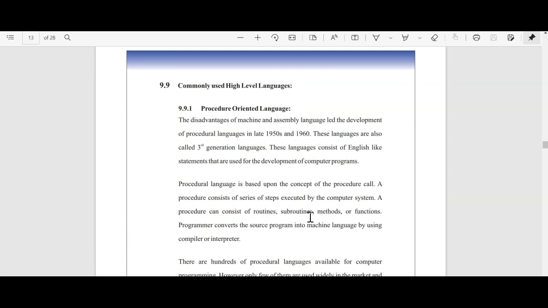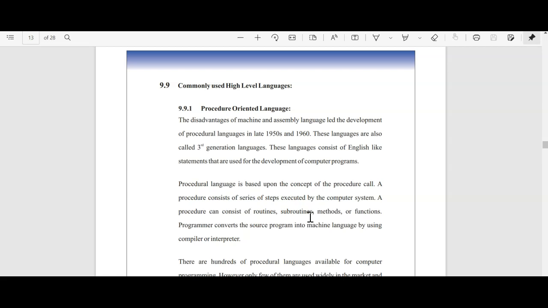So now we will come to the commonly used high level languages, because we talked about the low level languages, we talked about the high level languages and how they are working. Some have assemblers, some have interpreters, and some have compilers to compile the programs into machine language.